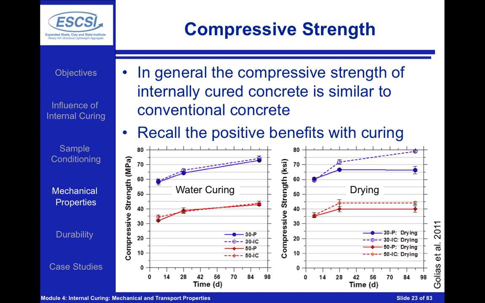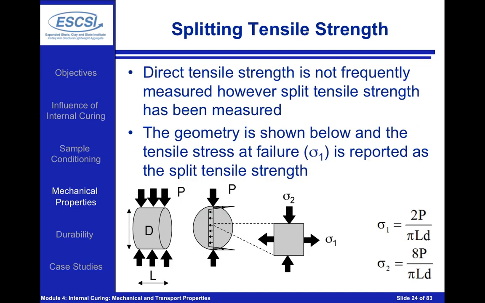You may say, well, why would we see this benefit? Again, if we're adding in a porous, lightweight aggregate, this should be maybe less strong than the conventional sand that we're using. Remember, we're getting additional curing that's taking place, so we're hydrating more of the cement. We're also having a lower impact of the interfacial transition zone. So frequently what we see is a very similar compressive strength when we're starting to replace some of the conventional sand with lightweight aggregate sand.